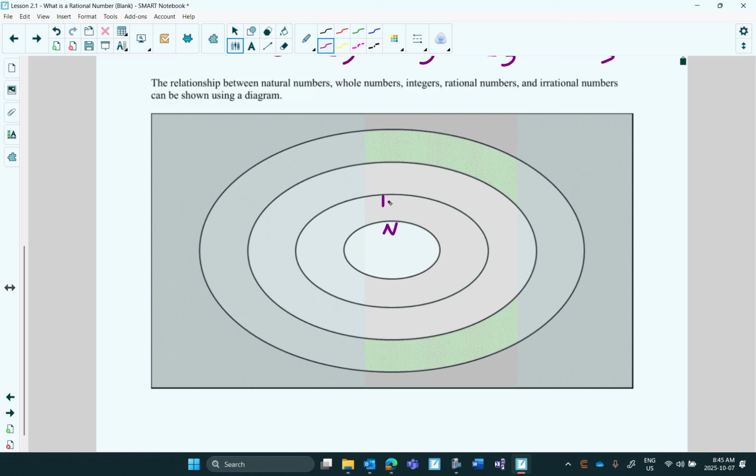So therefore, the natural number oval is inside the whole number oval. Every whole number is also an integer. So all of these numbers are inside the integer oval. And all of them can be written as fractions. So they're all in the rational numbers. And this is how we denote rational numbers, with the capital letter Q.